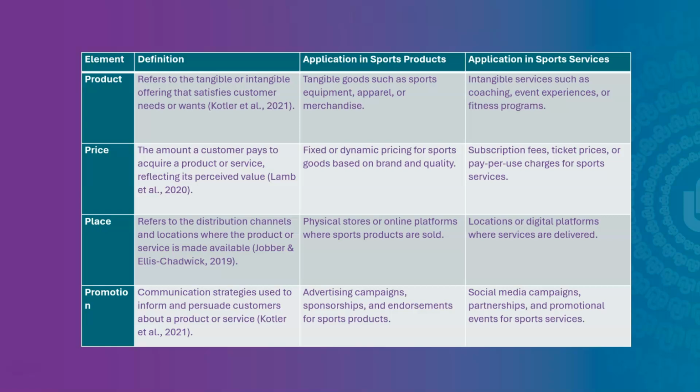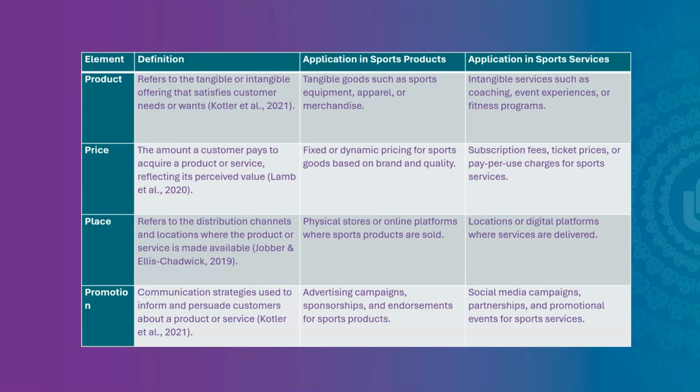However, the intangible or service aspect could be coaching, event experiences, fitness programs, subscription services, and so on. Those are products or services you consume that you cannot touch. You can't go to the store and pick it up, pay for it, and leave. It is intangible.